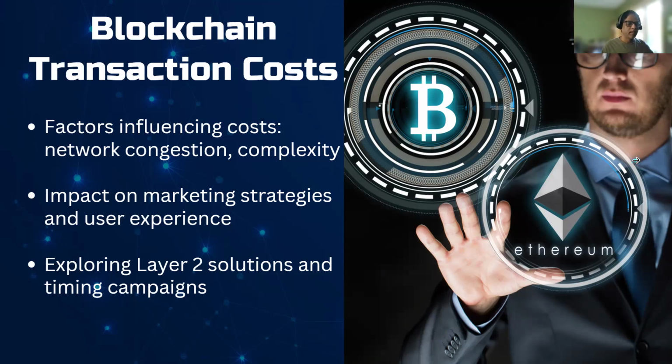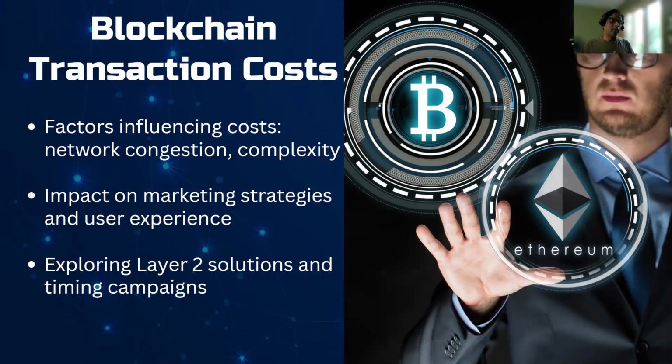Another thing is exploring the layer 2 solutions. Within the blockchain ecosystem, there are several different layers available. Layer 0 or layer 1 is the actual blockchain where all the transactions occur and are stored. Doing a transaction on layer 1 is expensive, so a lot of new technologies have been created around the blockchain layer 1.